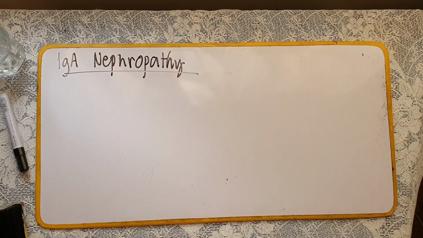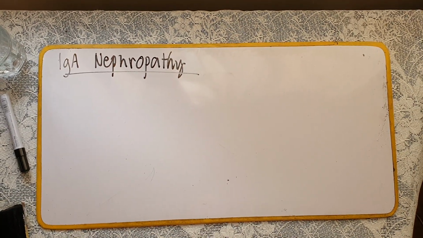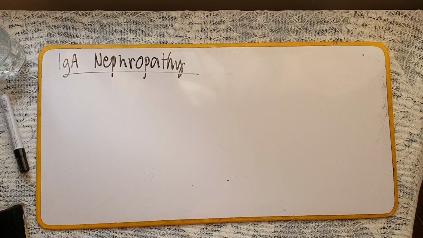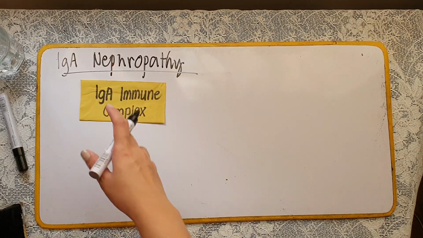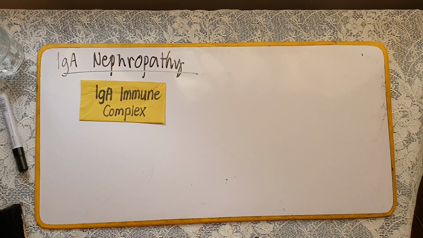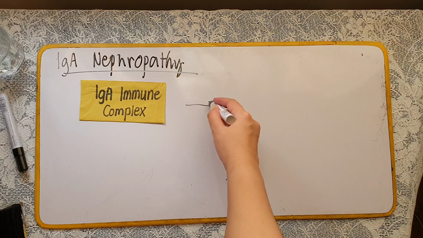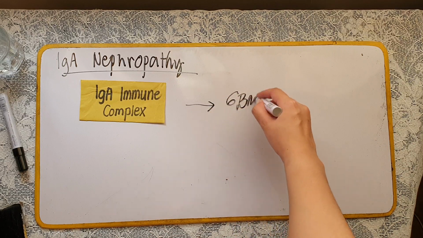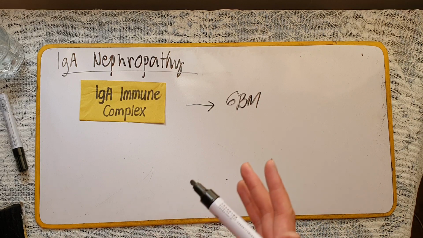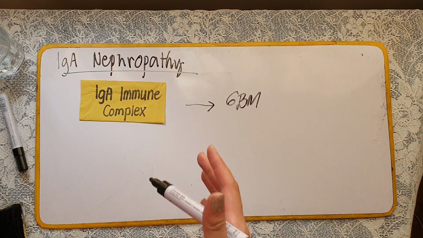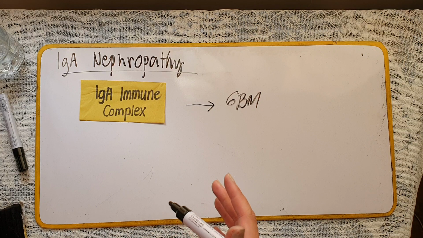Then next, we have IgA nephropathy. IgA nephropathy is mainly due to immune complexes, particularly IgA immune complexes, which are deposited on the glomerular basement membrane. Now, why does the deposition of this type of immune complex occur?